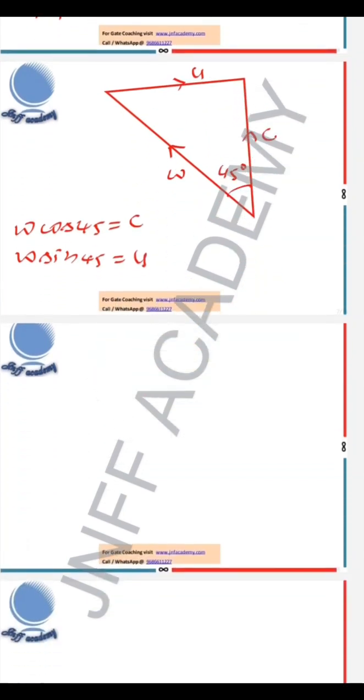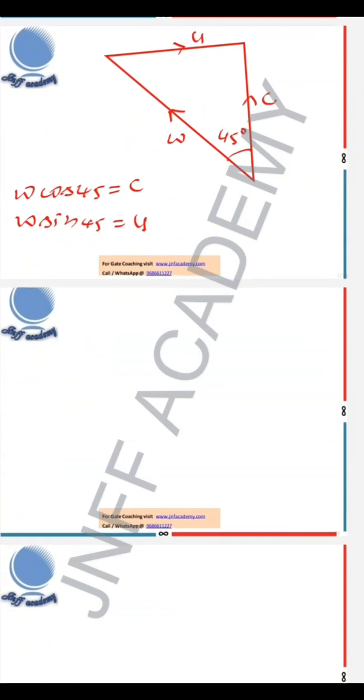Let us draw the velocity triangle as per the given data. This will be the velocity triangle. This is the absolute velocity, this is the relative velocity, and this would be the speed U. This angle is given as 45 degree. W can be resolved into two components: W cos 45 is equal to C, and W sin 45 is equal to U. Since the question is talking about the relative Mach number, let us start with that.